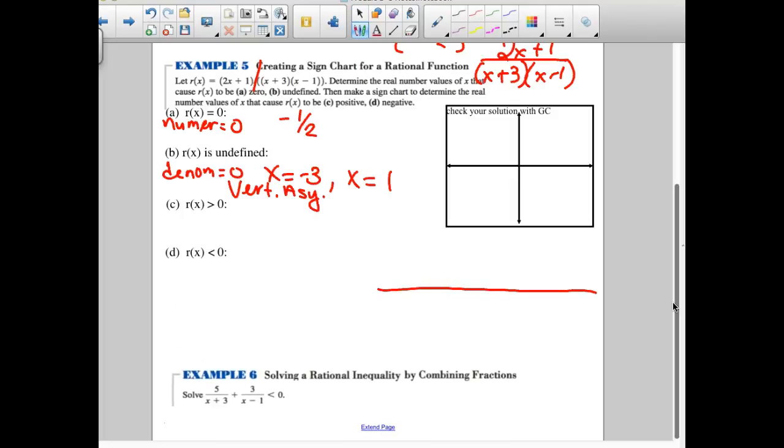So we have a vertical asymptote at negative 3. So above it, I'm going to say undefined. At negative 1/2, we are 0. And at positive 1, we are undefined again.